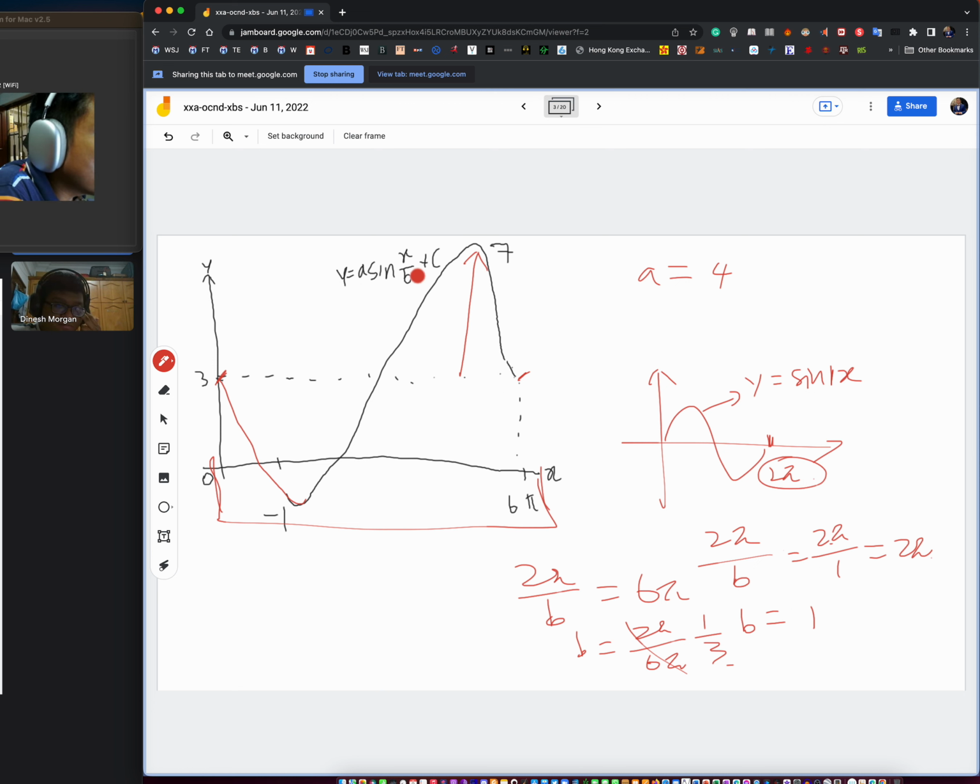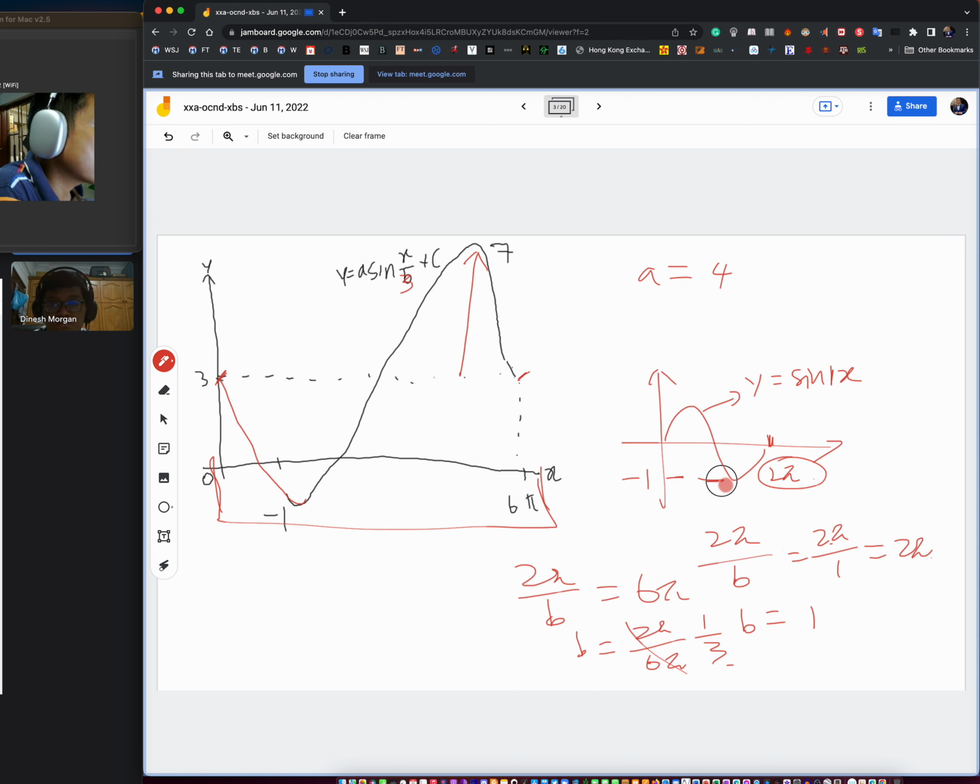So your b, the b over here, you have written it as below, right? So your b is 3. Then it's supposed to start from -1.